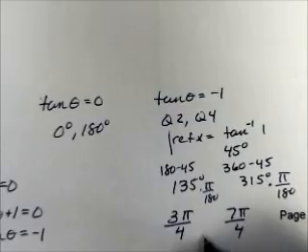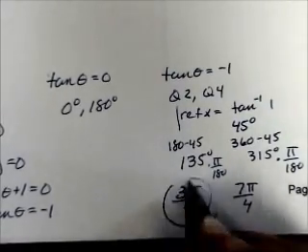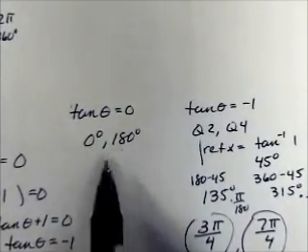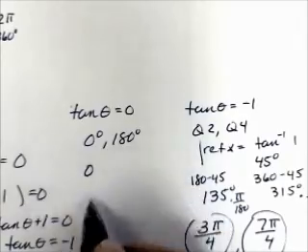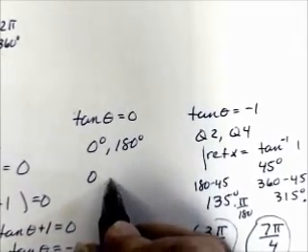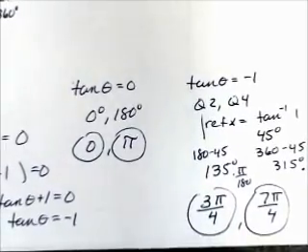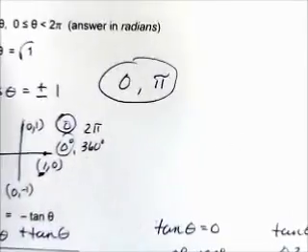All right, so here are two values for theta, and then here are 0 and 180. 0 is equivalent to 0 radians and 180 to pi. So here we have 4 values of theta that would satisfy the equation.